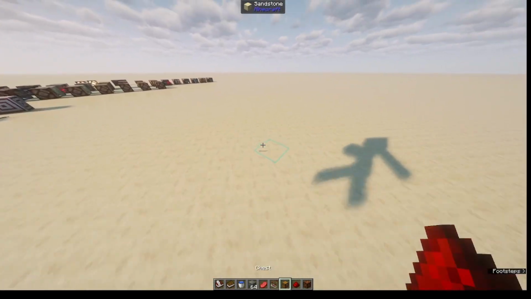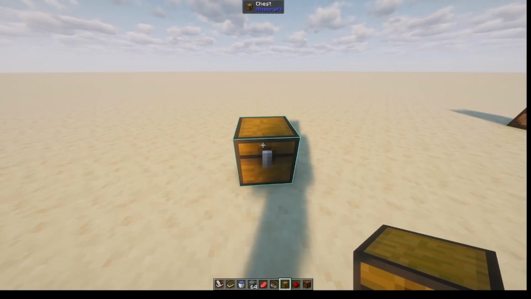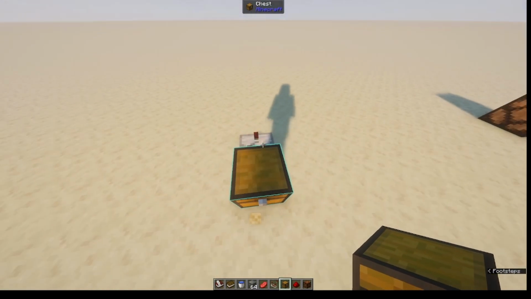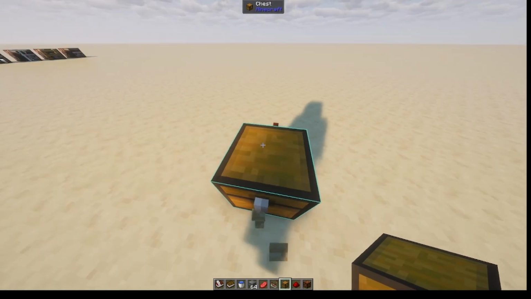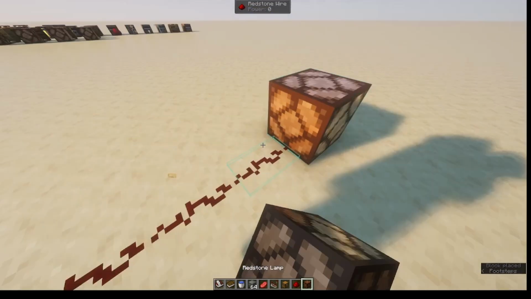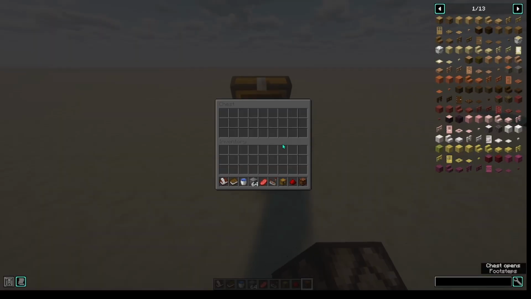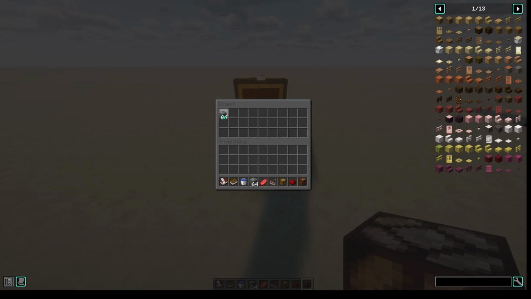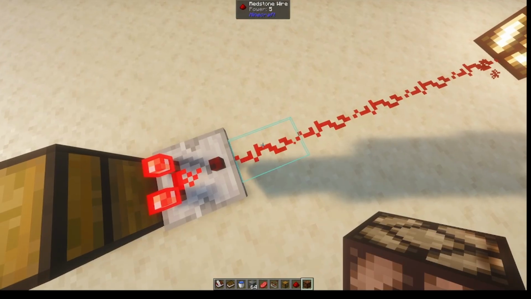Now, another way comparators are used is by comparing the state of a block. Most commonly, those blocks are classified as containers. So if, for example, we're comparing the state of a container, in this case a chest, depending on how full it is will show us the signal strength of the redstone. If we fill it a third full, we can see that it gives a power output of 5.